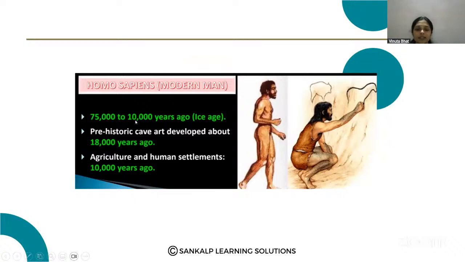Prehistoric cave art developed. You can see the cave art in different caves, and today also you can see some cave arts. And agriculture and human settlements were started by Homo sapiens.